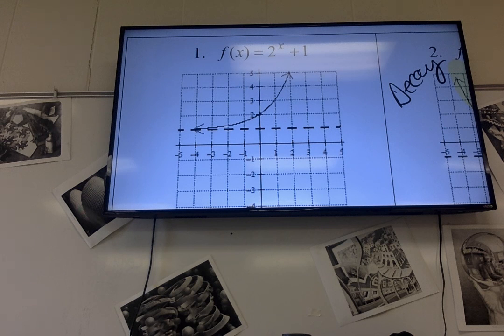So I can look at number 1 from page 409. And I know that B is greater than 1. And I know there are no reflections. So from that, I know it's growth, which I already knew from the picture, but what if I wasn't given the picture?